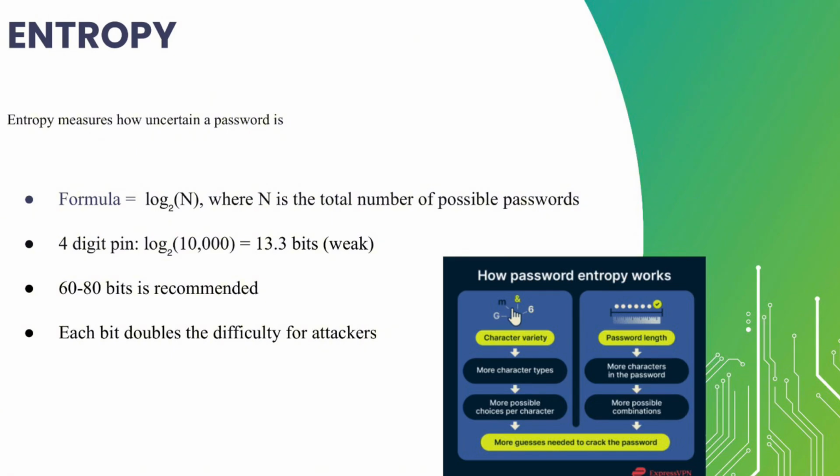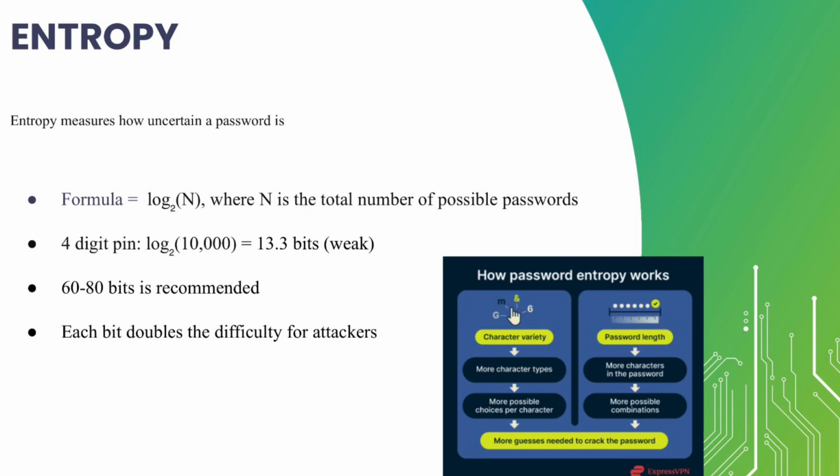To measure password strength, we use something called entropy. Entropy is a quantitative measure in bits that measures the uncertainty of a password, indicating how many guesses it would take an attacker to crack it. High entropy means more randomness of characters and longer lengths and a greater resistance to hacking.